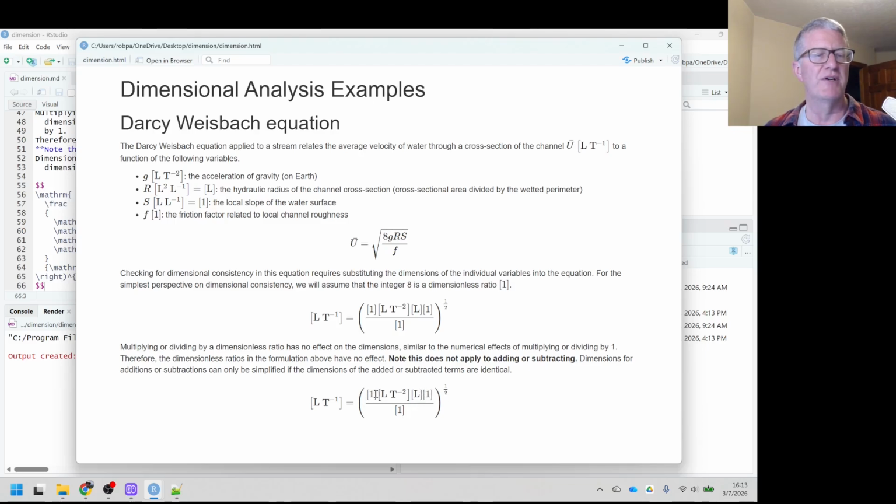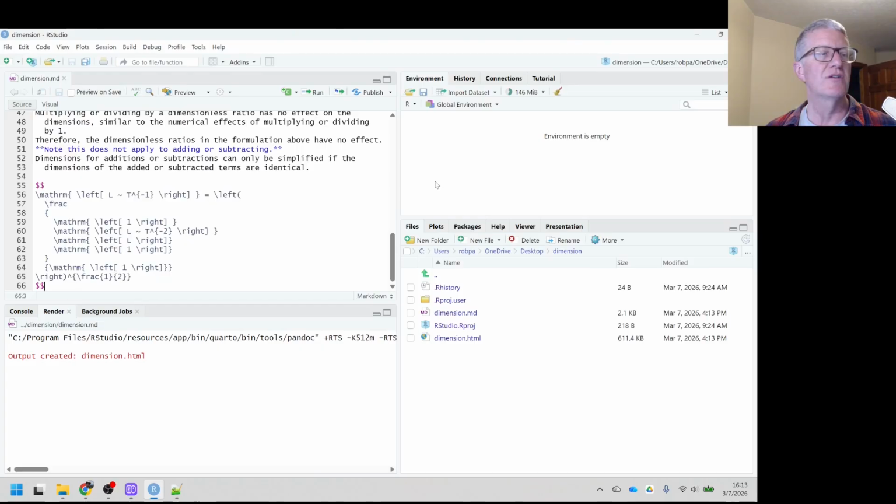So this multiplication in this term, which is all multiplication, no addition or subtraction, and this dimensionless ratio also in that simply don't matter. They don't change the dimensions. And also dividing all of this by a dimensionless ratio also doesn't matter. So we can really start to simplify this just by getting rid of all of these dimensionless ratios.